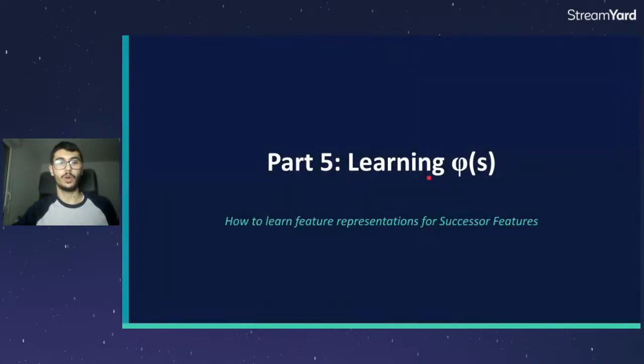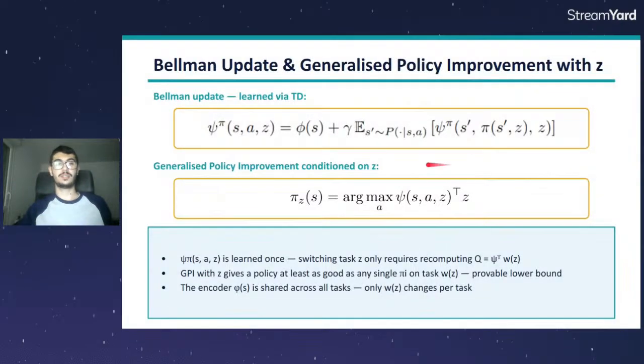All right, now, as you may have noticed in here, we are supposing that we have the φ of S predefined, but that's generally not the case in most problems. So before training the successor features and the policy, we need to learn the state representations themselves.